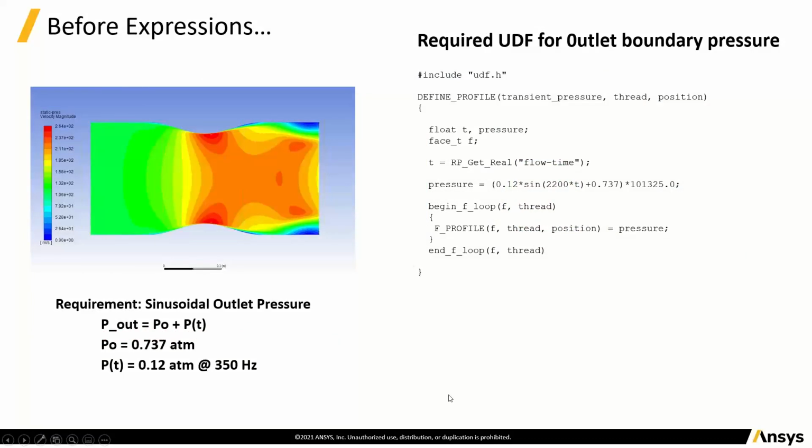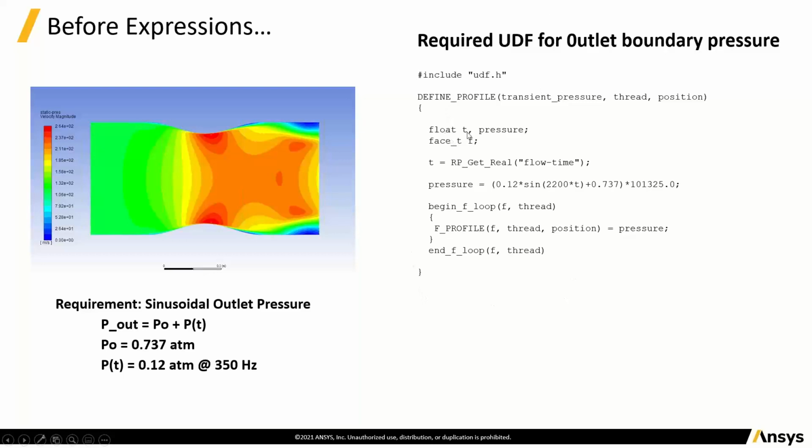So let's have a look at how this compares with what we would be doing without that in Fluent. If we want to set a sinusoidal pressure at the outlet for a transient simulation here in Fluent with these parameters, so it's basically a constant plus a sinusoidal variation about that, then with a UDF, you have to go in and set up a C or C++.